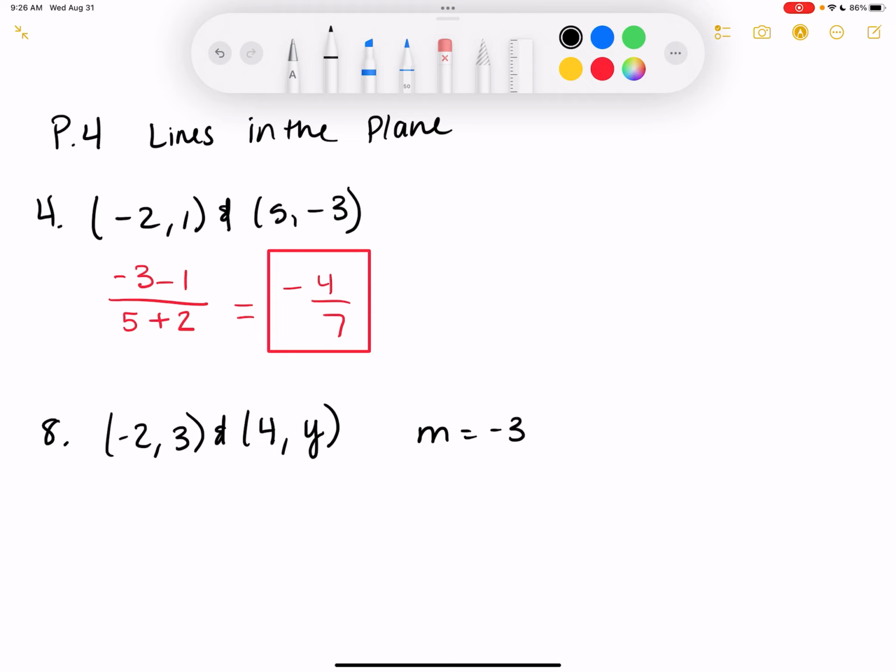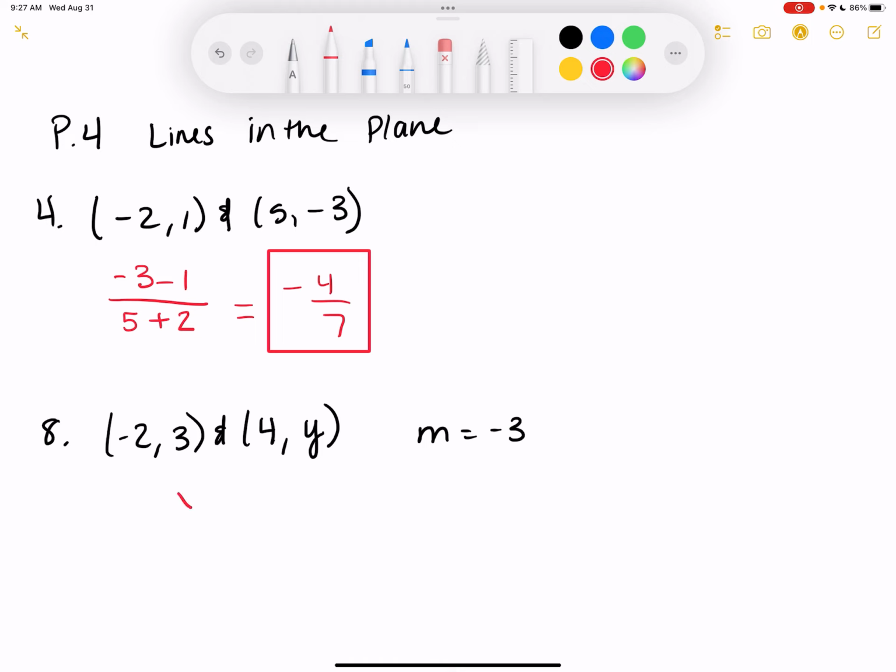So how might we solve for this? Let's just use the slope formula. You have 2 points.